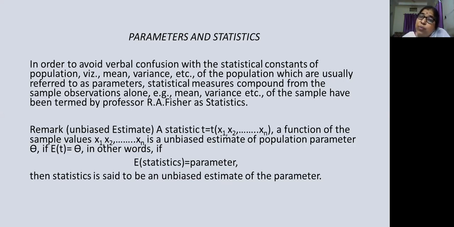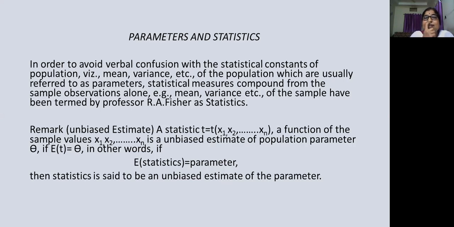That means the expectation of a statistic, expectation of small x bar, is equal to capital mu. That is, mu is nothing but the mean of the population. They have found out the constant over the sample of 50 students and appropriated it for the population.